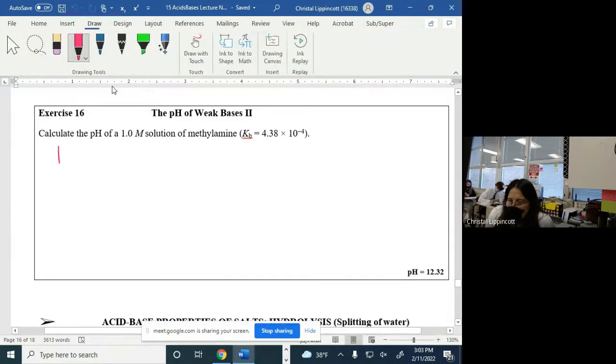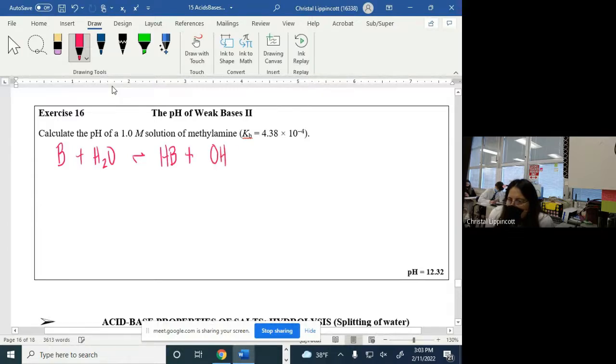So this is going to be our base plus water, going to give us HB plus OH minus. Because what's going to happen is this base is going to grab one of these H's from here and form this. And when it takes that H away from here, it's going to leave an OH behind.